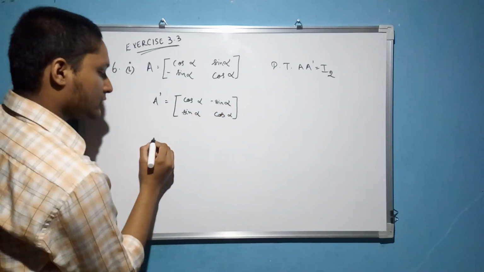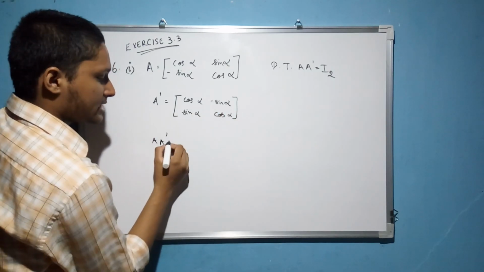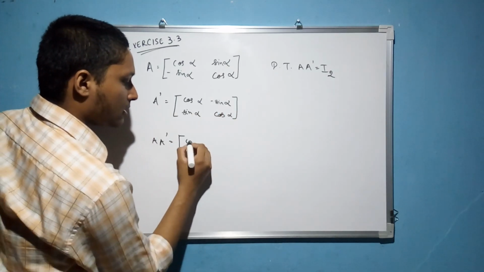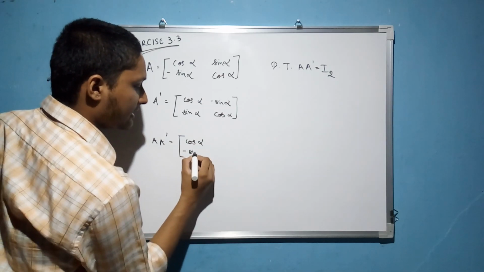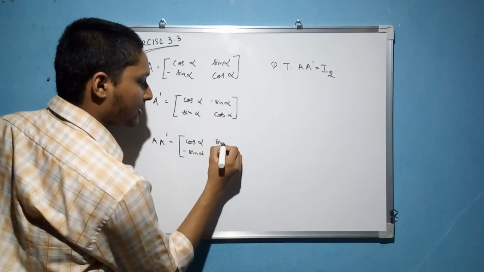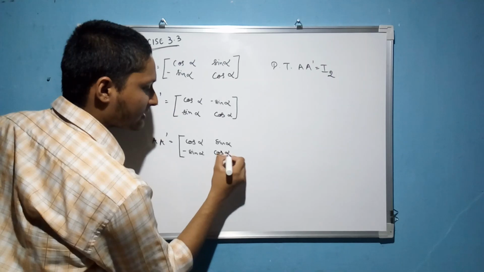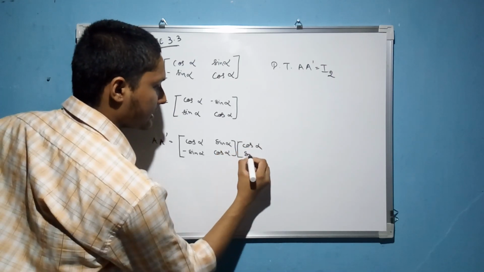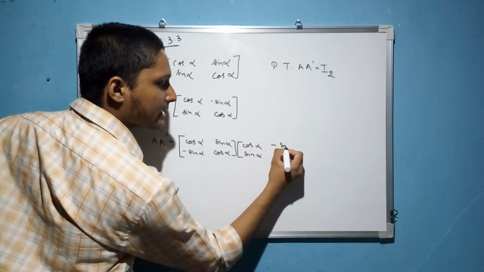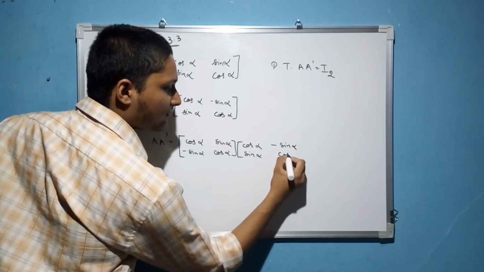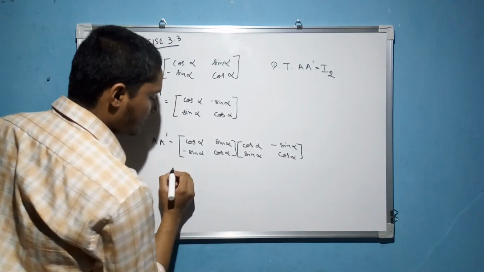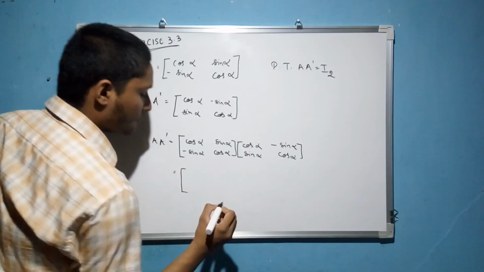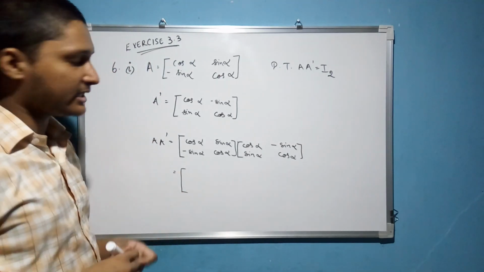Now you need to find A into A transpose. The remaining thing is just matrix multiplication.